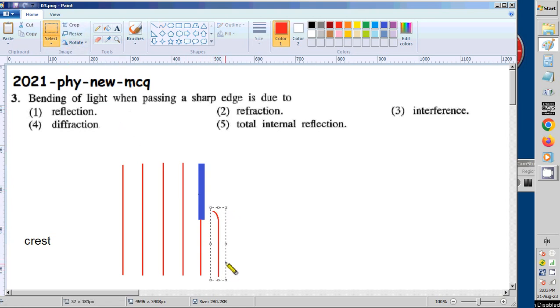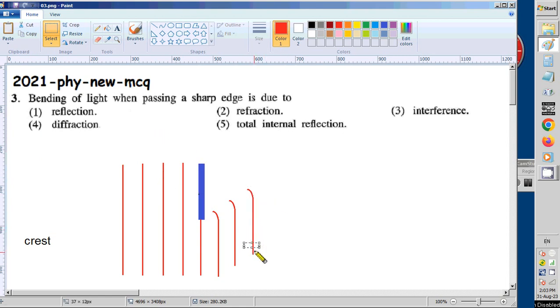Therefore the direction of propagation changes. The next wave front will be here like this, and the next one like this. What happened? They shift little by little towards the edge, like this.